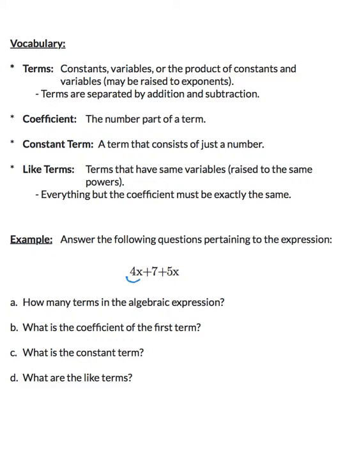We have 4x, 7, and 5x. These are the things that are separated by the addition and subtraction. So we have a total of 3 terms. We want to know what is the coefficient of the first term. The coefficient of the first term is 4. This is the number part of the first term.